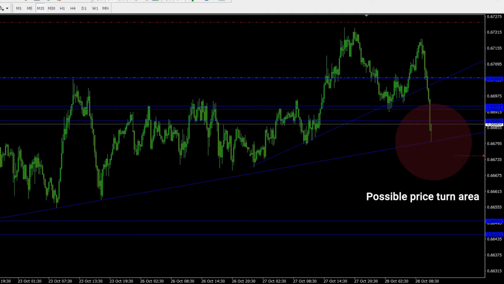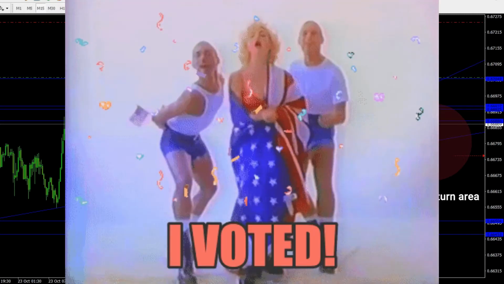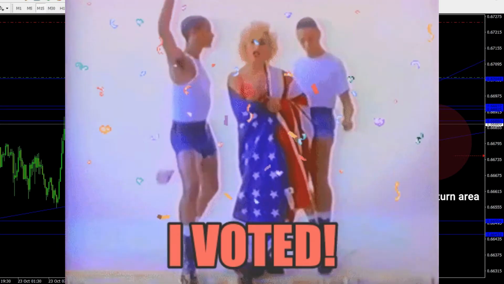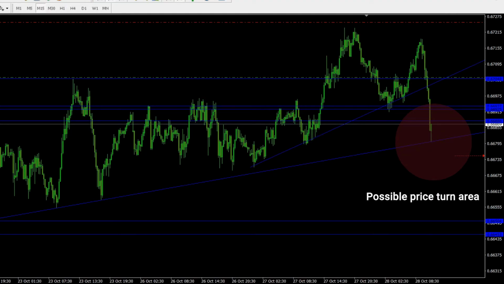Let me clarify this. Although the initial target was 0.6510 at the daily pivot low, due to the US elections held next week, thus the possibility of ranging markets, there are several other levels in which I will consider as targets.